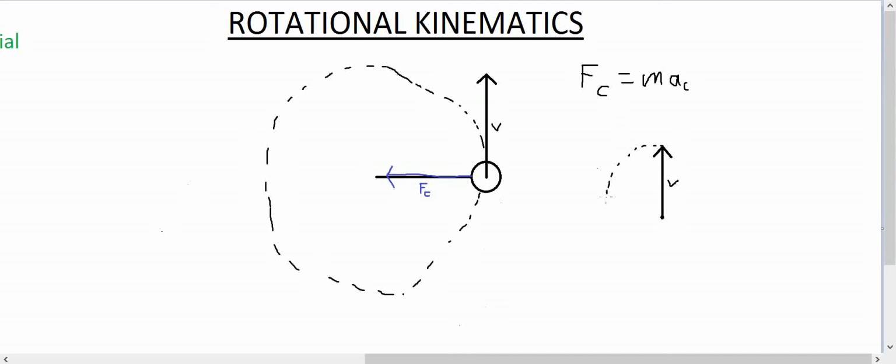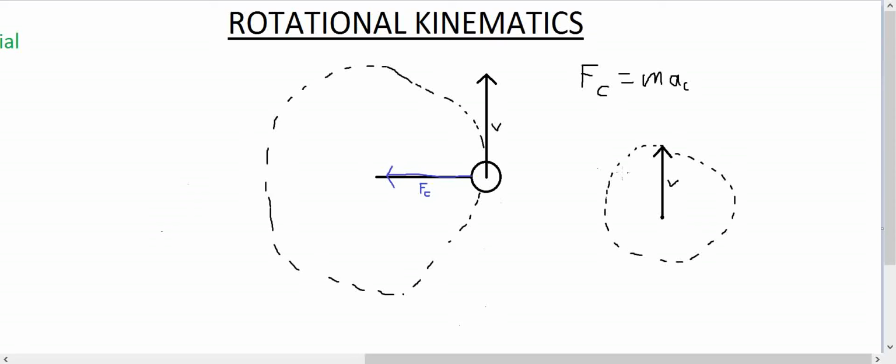First assume that this ball is rotating with a constant velocity, both tangential and angular. The compass basically reflects the direction of the velocity vector.